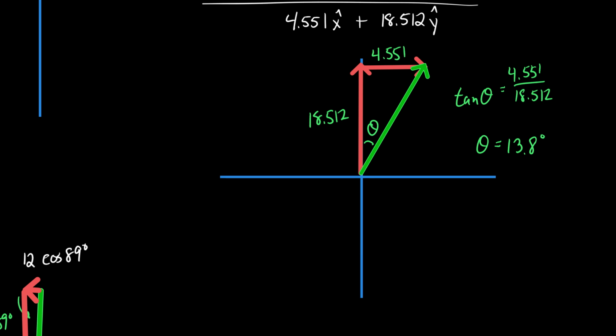I need to figure out the length of that vector. I'm going to go with Pythagoras. So 18.512 squared plus 4.551 squared to the 0.5 power gives me 19.06 meters, 13.8 degrees east of north.